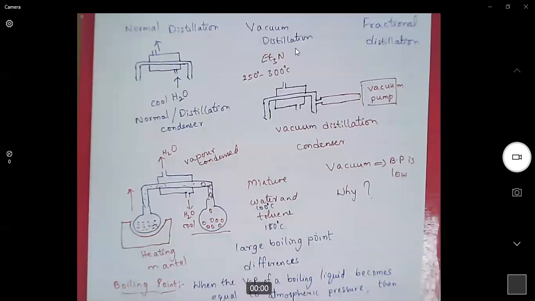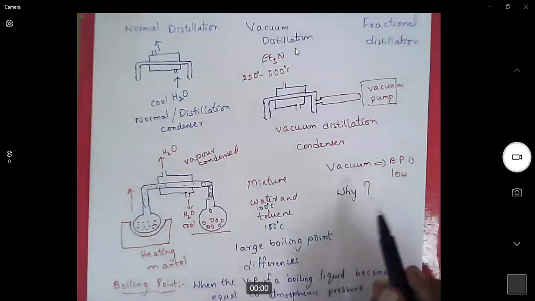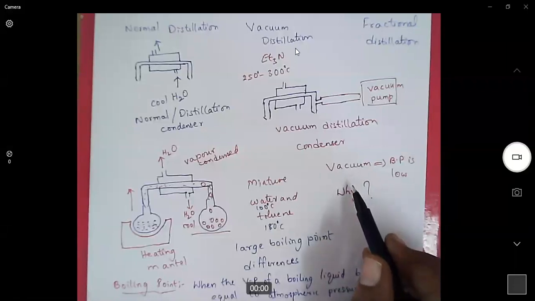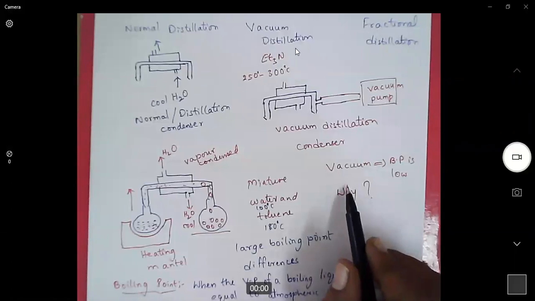If the vapor pressure becomes equal to atmospheric pressure, then the liquid will easily boil. Now, what is happening under the vacuum? Vacuum means there is nothing, no pressure at all.